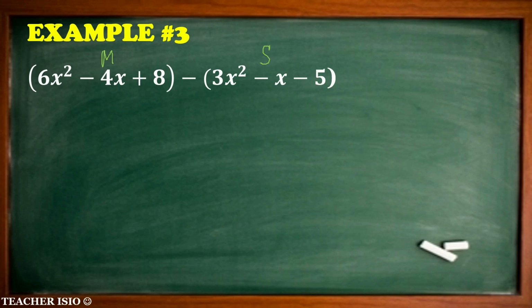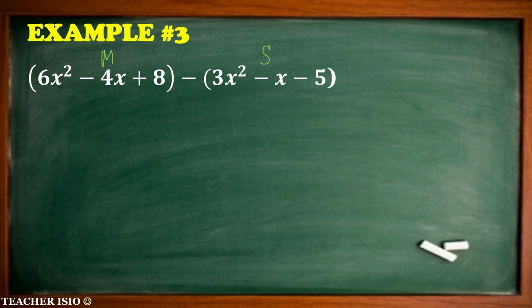So keep the minuend, change subtraction into addition, and then change the sign of the subtrahend. Again, keep the minuend, change subtraction into addition, change the sign of the subtrahend. So let's answer.